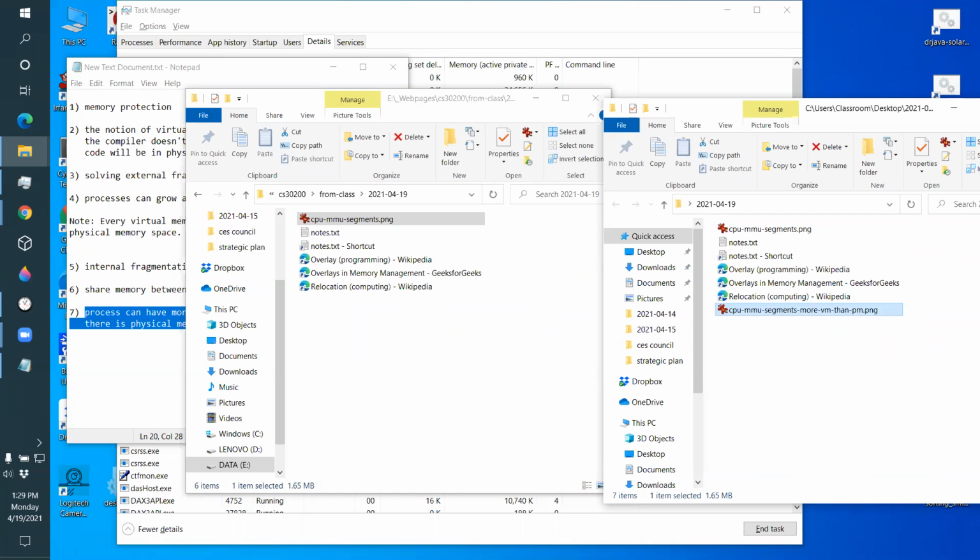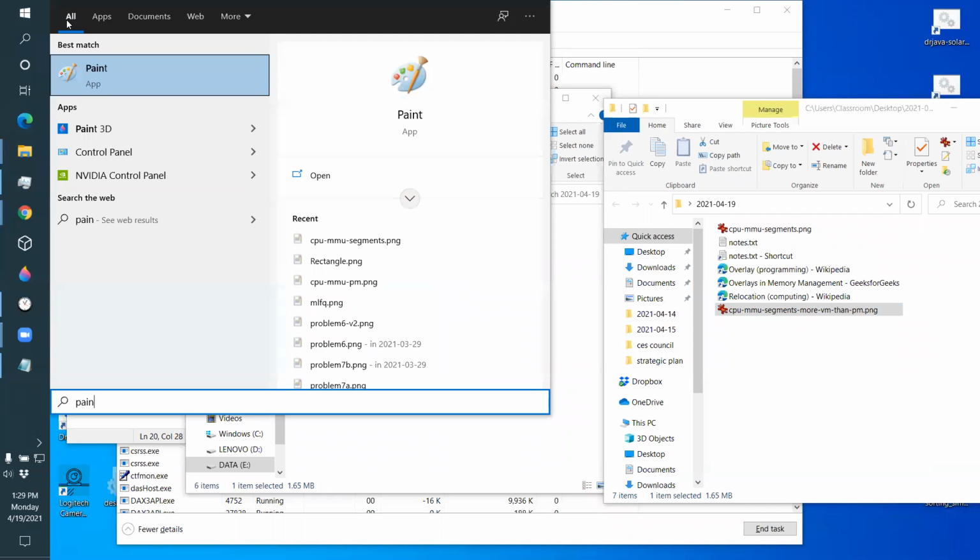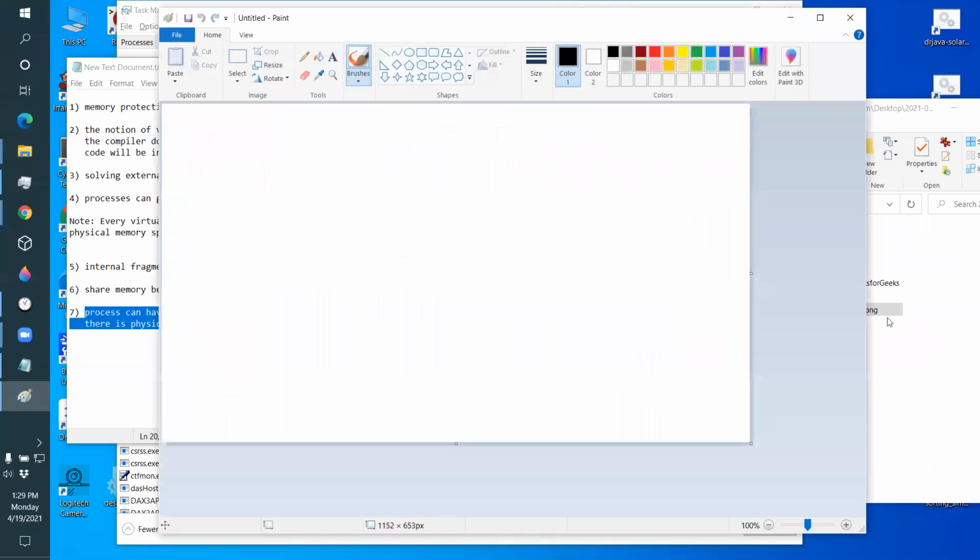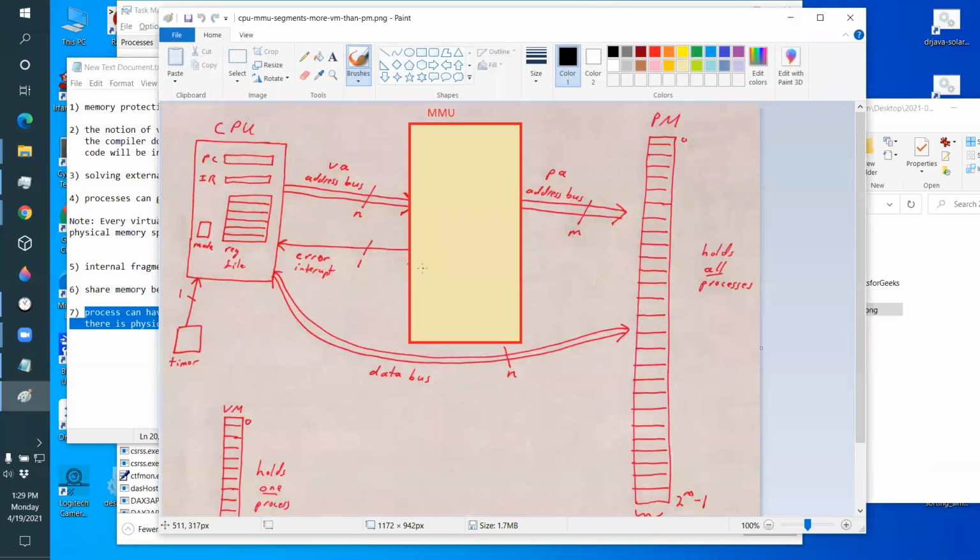We want a process to have more virtual memory than physical memory. So let me give this process several base and bounds registers. I'll just give it three or four pairs of base and bounds registers.